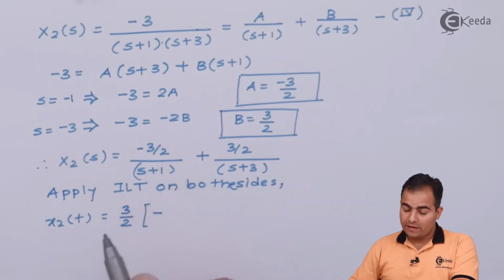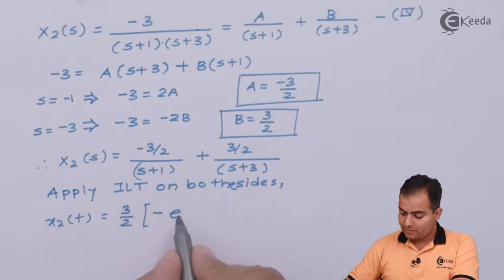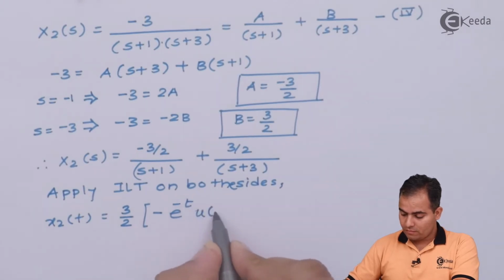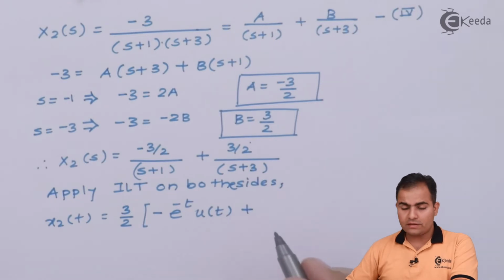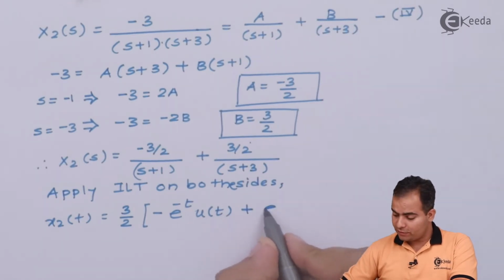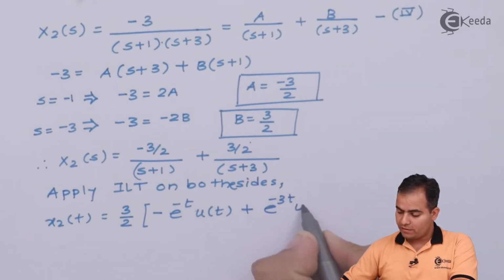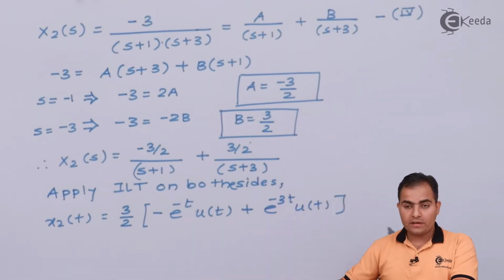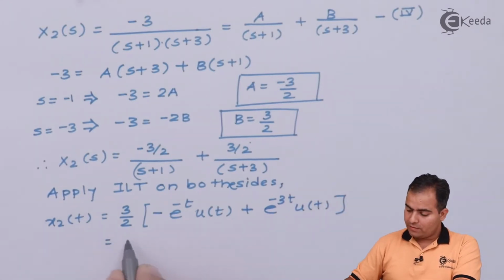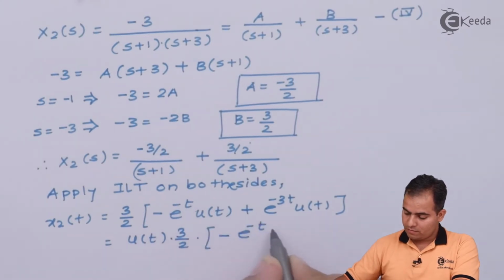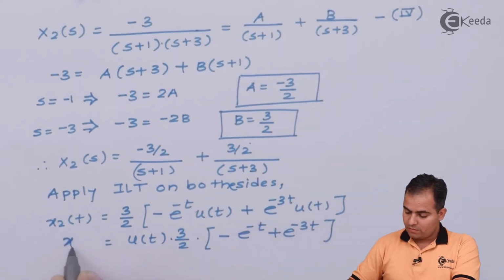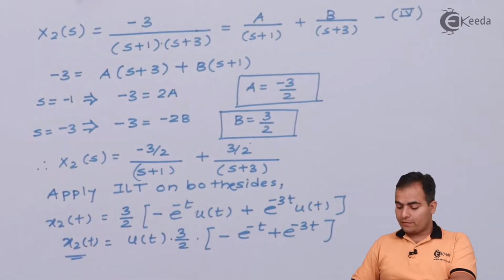Now 1 upon s plus 1 we have already calculated, and the next one is 1 upon s plus 3. This one we have also calculated in the last part, that is e to the power minus 3t u of t. From here also you can take u of t common. And this is the equation of x2 of t.